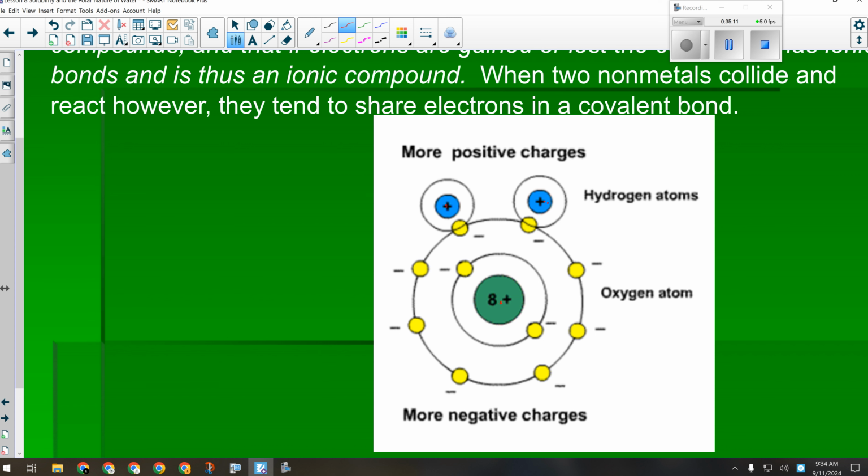But because oxygen holds onto electrons more tightly than hydrogen does, that electron spends way more time hanging out down here than it does around the hydrogen atom. So we end up getting negative charges at the bottom of the water molecule and positive charges at the top. Makes it look like it's a charged particle when it isn't.